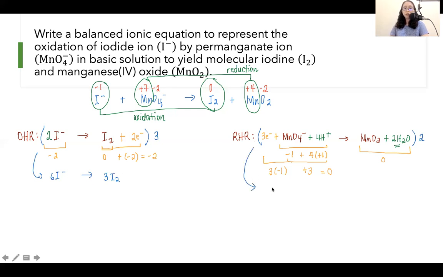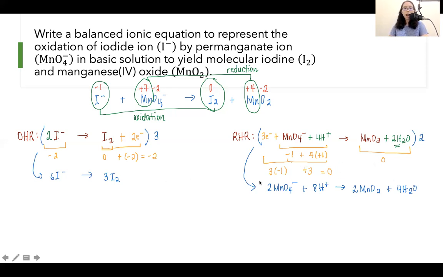And for the reduction half reaction, we have 2 permanganate plus 8 hydrogen ions forming 2 manganese 4 oxide and 4 water molecules.